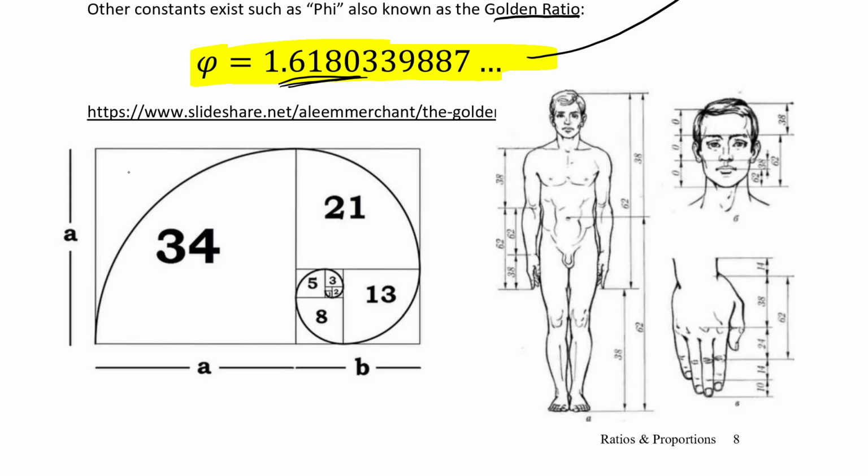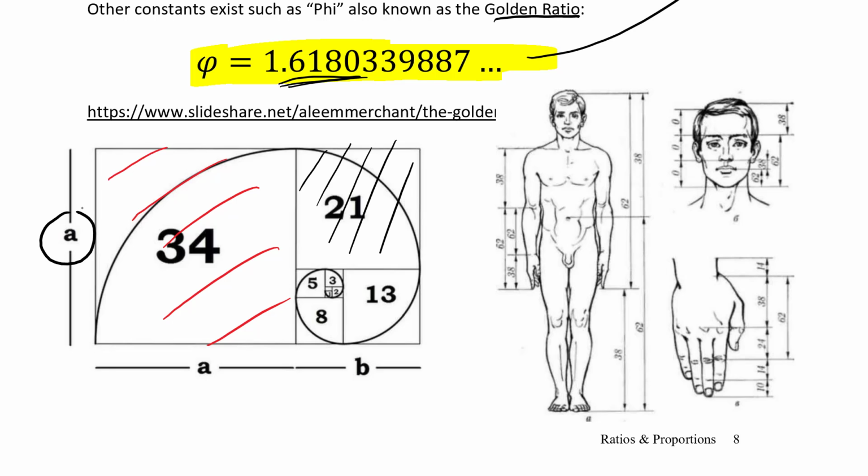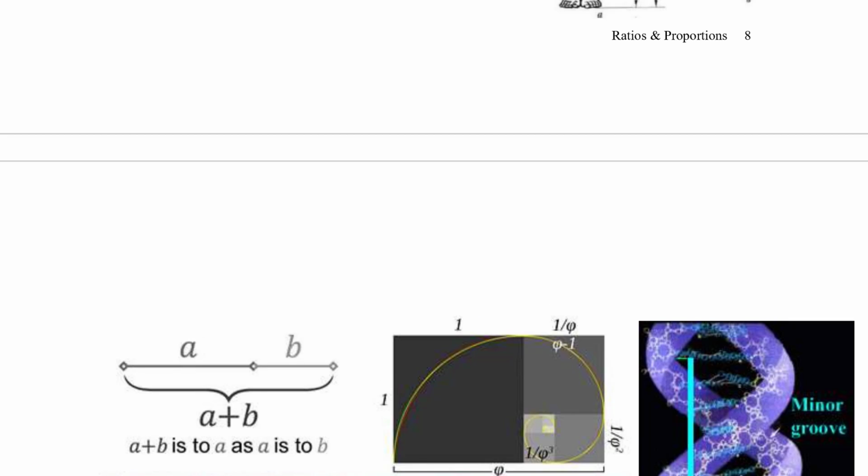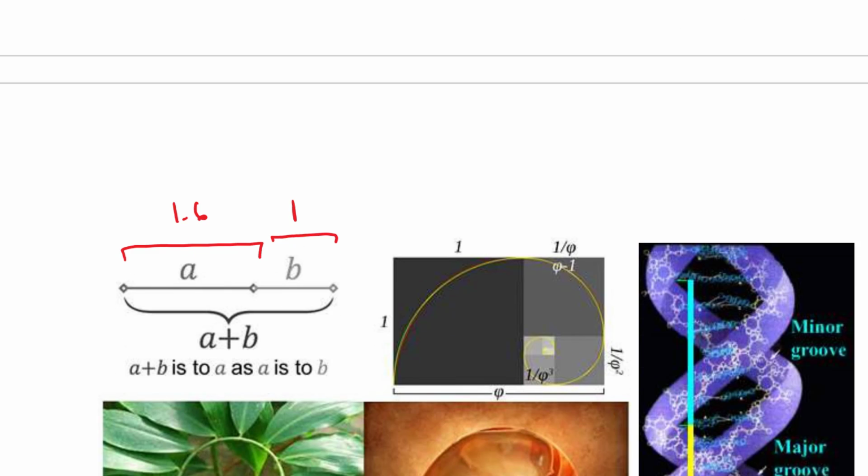So this area here is 1.6 if this area here is 1, and we can continue to get bigger and bigger and bigger. So you can see if this is 1, then this length, A plus B, is 1.6. There's more to it than even that. Again, we're looking at the ratio of 1.6 compared to 1.